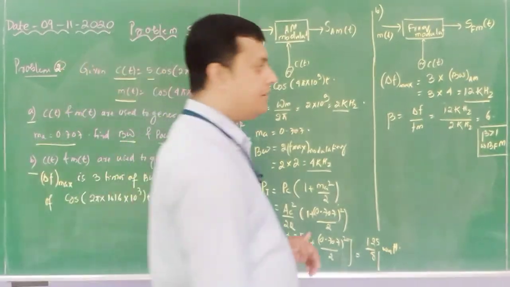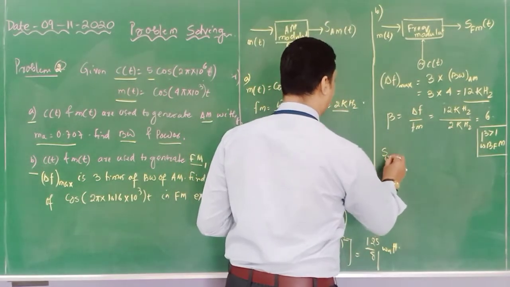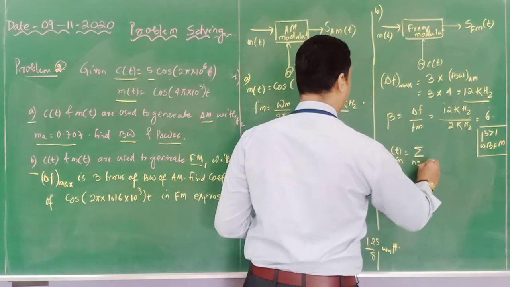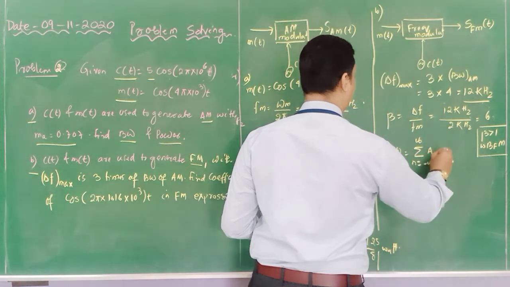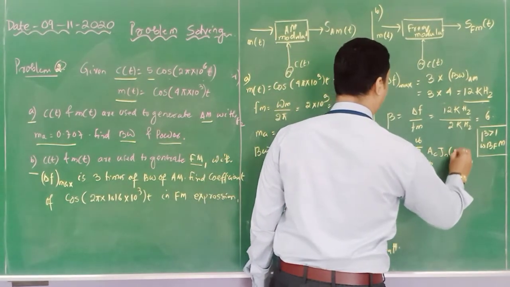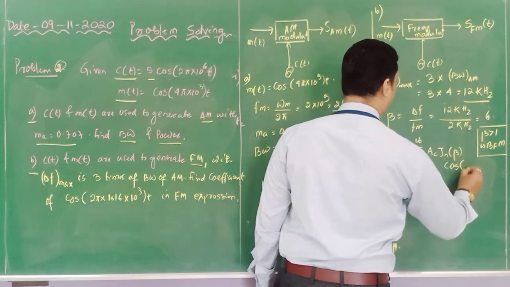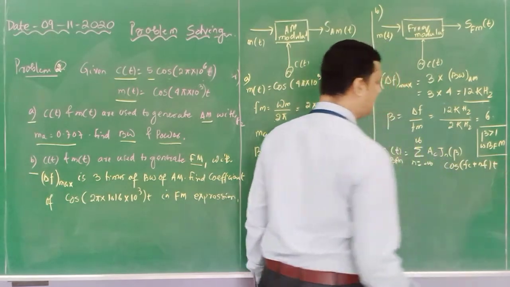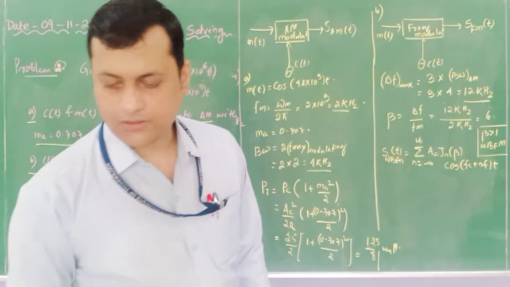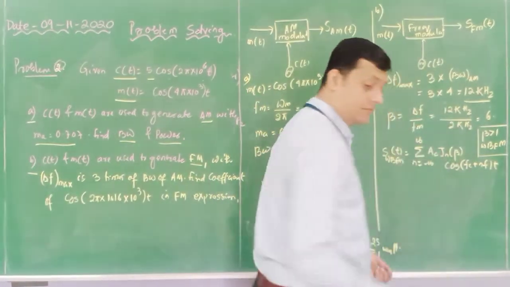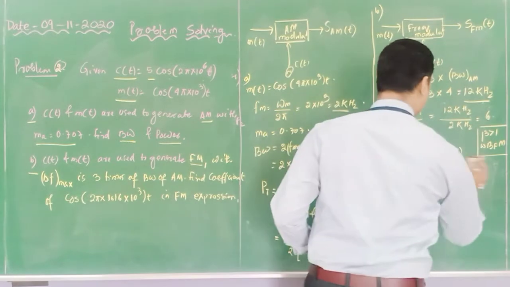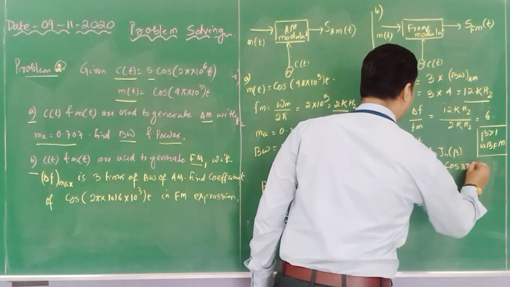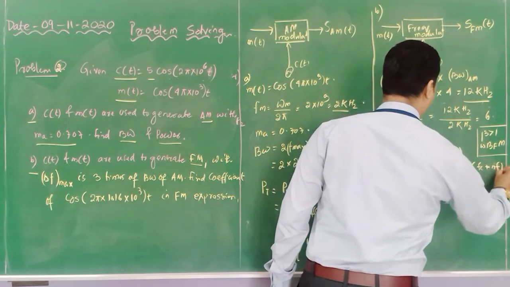For that, let us consider S_WBFM(t) equals the sum from n equals minus infinity to infinity of Ac Jn(beta) cos of 2 pi (Fc plus n Fm) t.